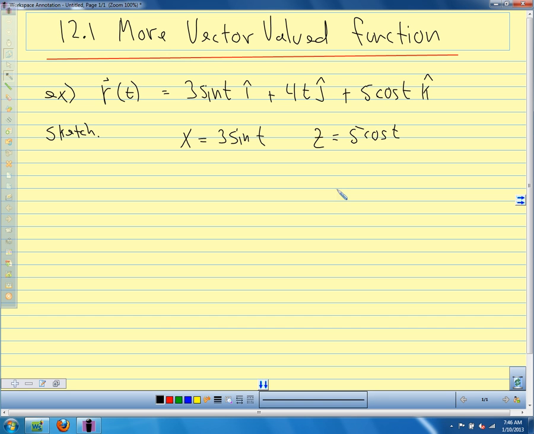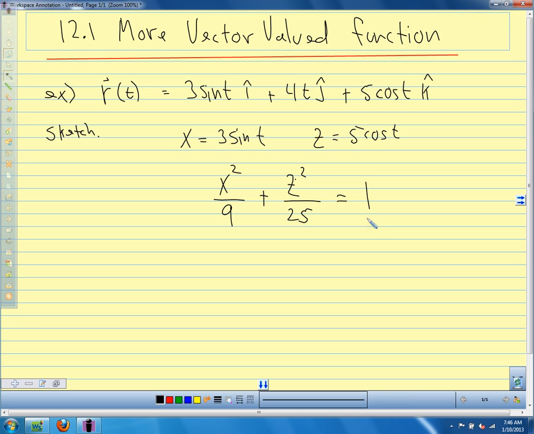So we know that sine squared t plus cosine squared t equals 1. We have this 3 and a 5. So how are we going to deal with that 3 and that 5? Divide. So we can say x squared over 9 plus z squared over 25 equals 1.